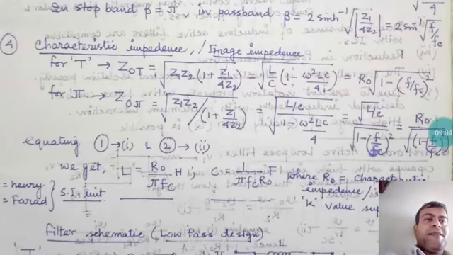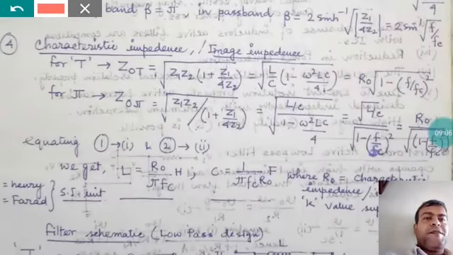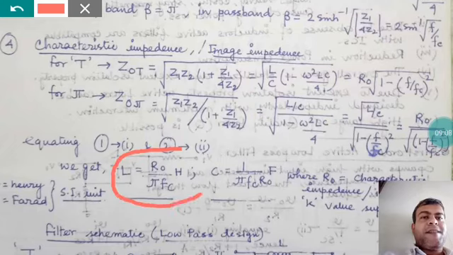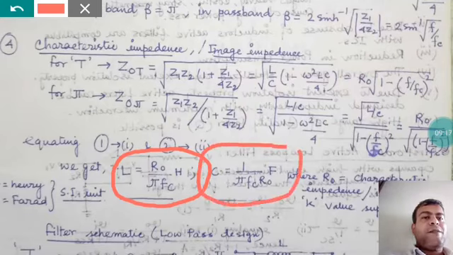So finally that is the value we have calculated for L for the low pass filter. And for C, you can easily calculate it, just instead of multiplying you should divide, and finally you will get C equals 1 by pi fc R0 farad. So you have to give this value accordingly, otherwise the filter will not work.